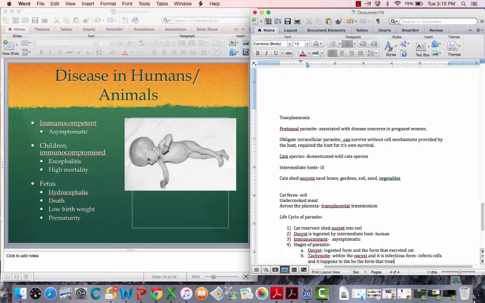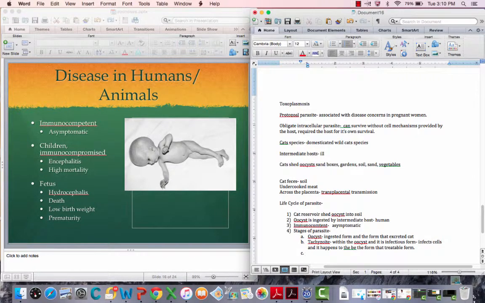So it's the treatable form. The tachyzoite then becomes a bradyzoite, which is the reproductive form. And these remain within the cell. Therefore, they are not treatable with medication.